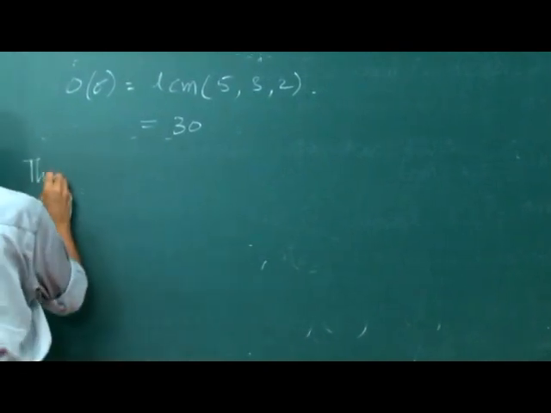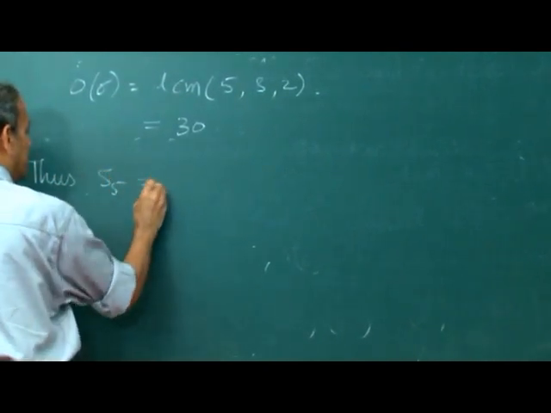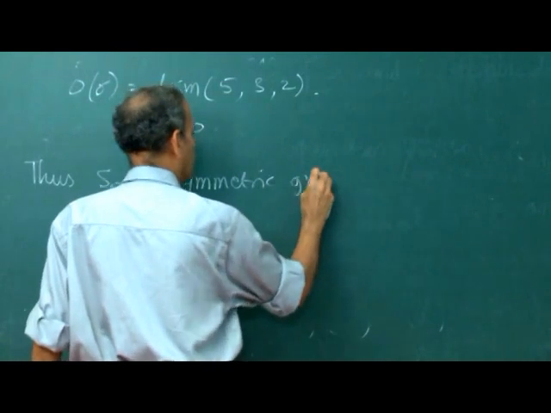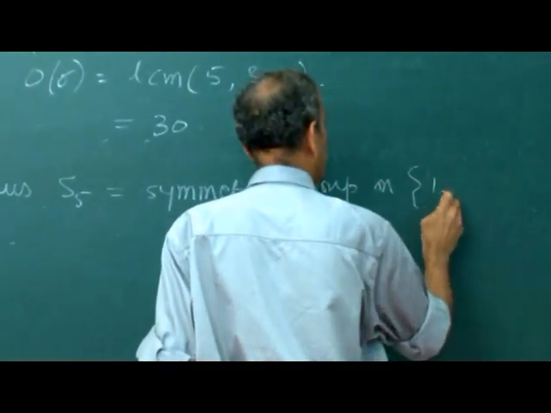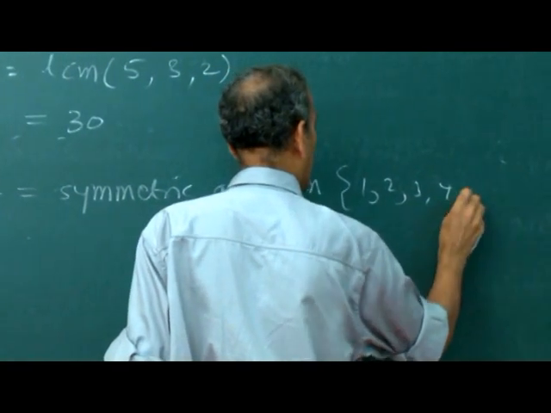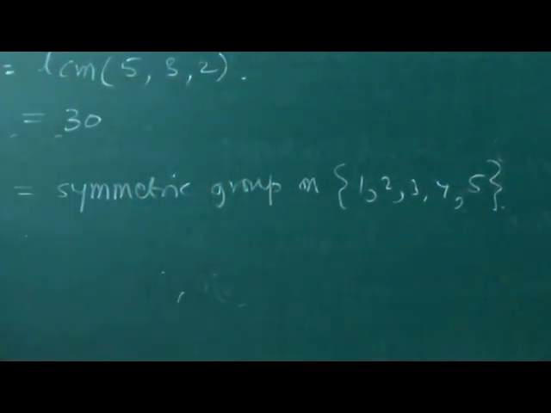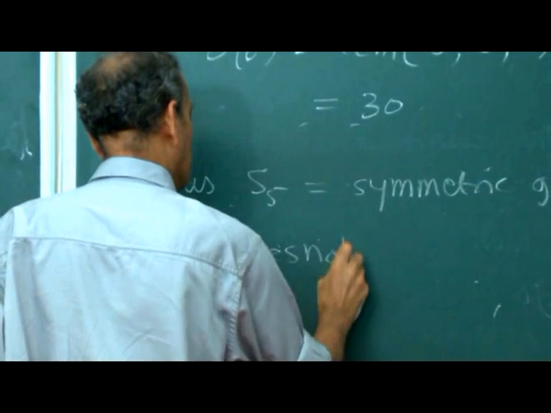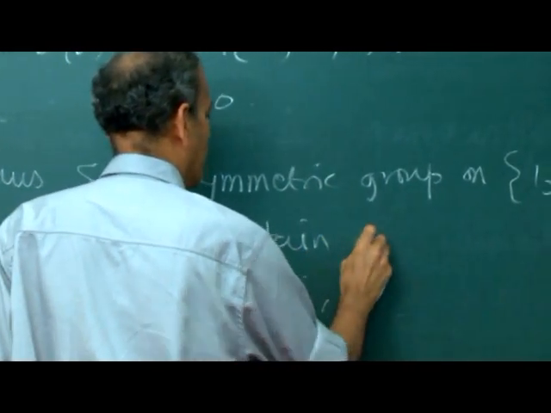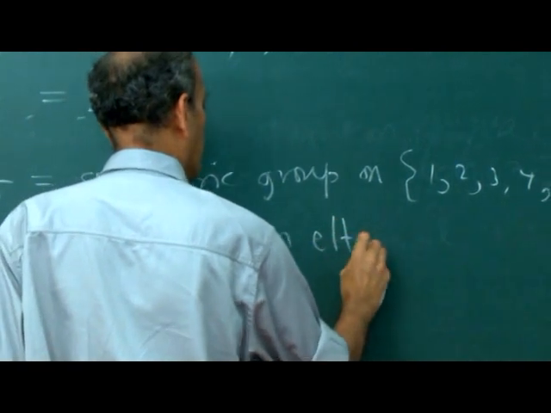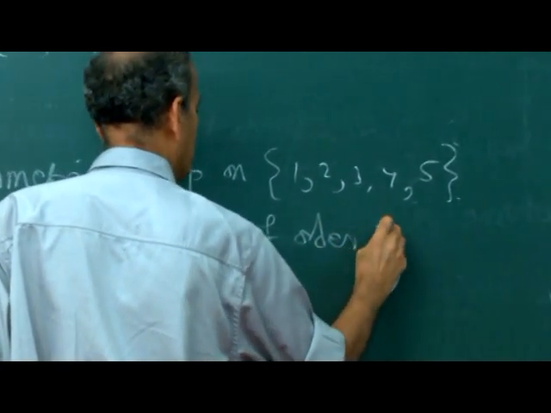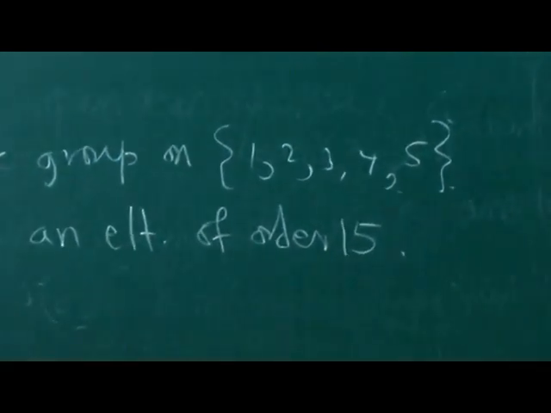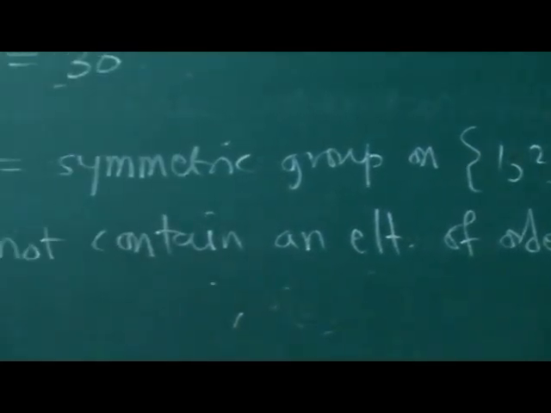Thus, S5, that is the symmetric group on 1, 2, 3, 4, 5, does not contain an element of order 15. This result we will be using later on, so I want to emphasize it here.